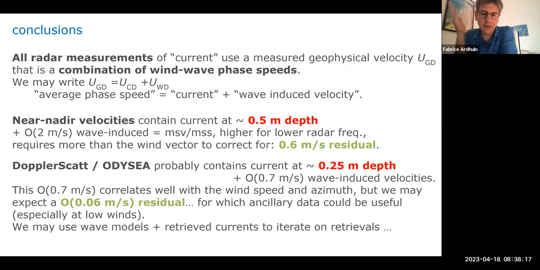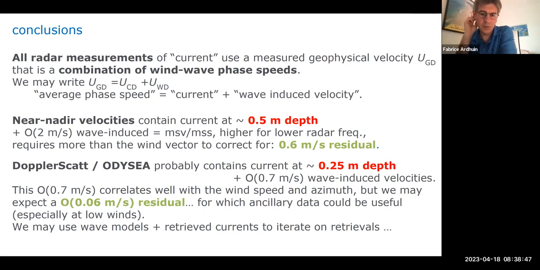SEASTAR has some capability to measure wave spectra. We still have to figure out exactly how far we can go toward shorter wavelengths, but that's something that's going to be important. In the case of DopplerScatt and ODYSEA, from the GMF that Ernesto was showing, obtained from SMOD, you can make the argument that because you have half Bragg velocity and half modulation effect, it's going to be half really super surface stuff and half a little lower.